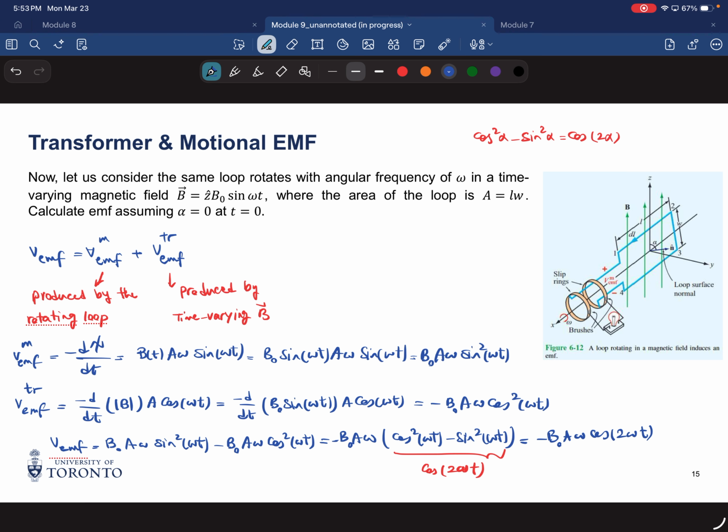We doubled the frequency of the change that was happening in the rotation of the loop and also the change in the magnetic field. And that helped us to create a voltage that is changing by 2 omega.